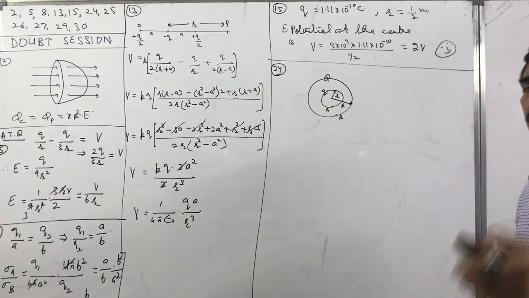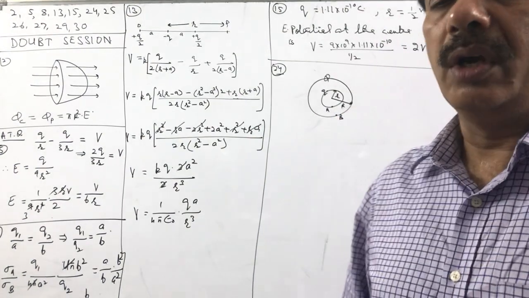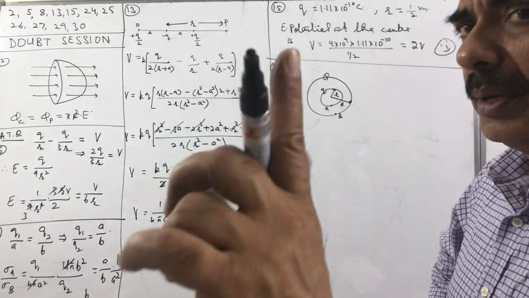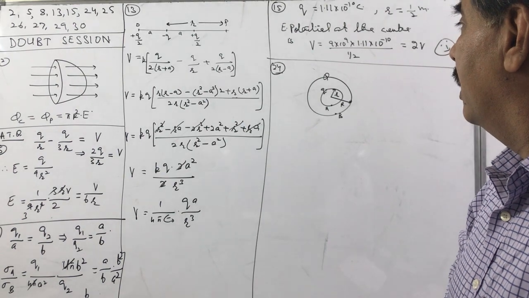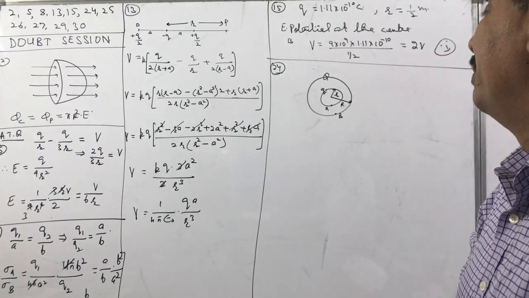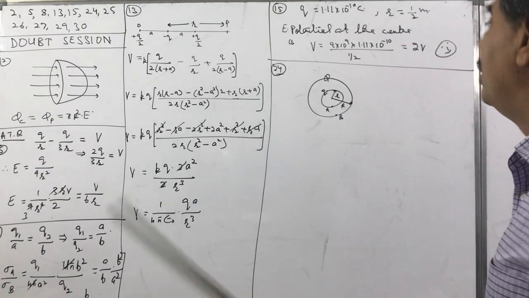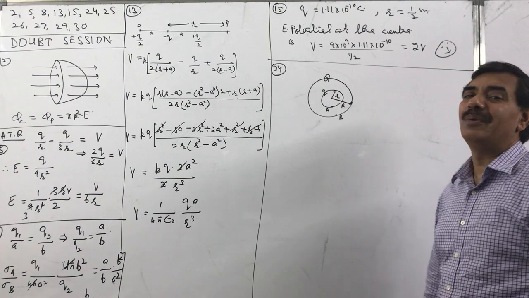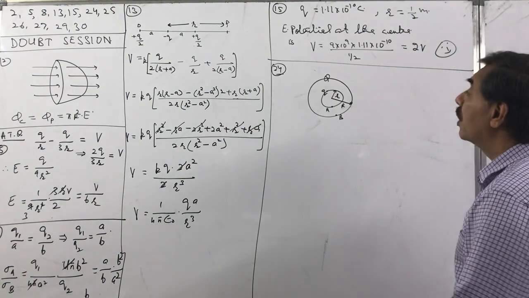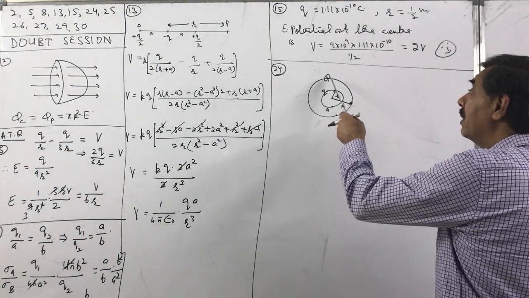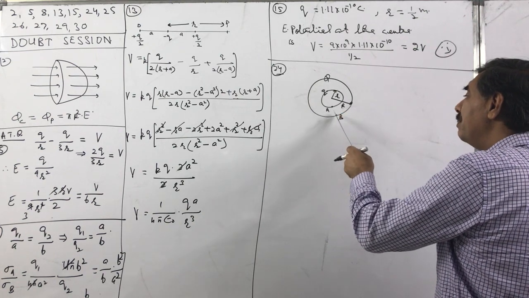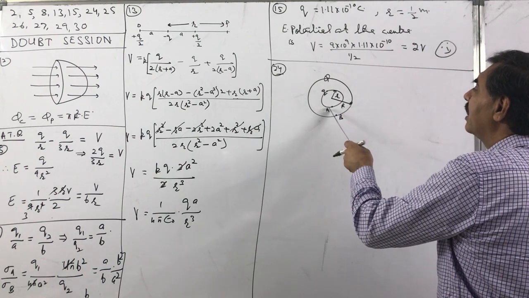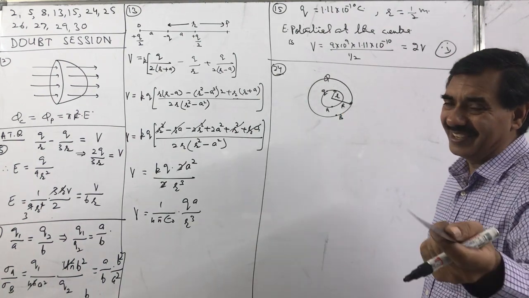It is very simple. The answer was wrong in the answers that I sent you. One more is also wrong. The only potential difference between A and B will be due to the small charge q, because whatever electric potential is at B due to the big charge Q, the same electric potential will be at A due to the big charge Q. Right?